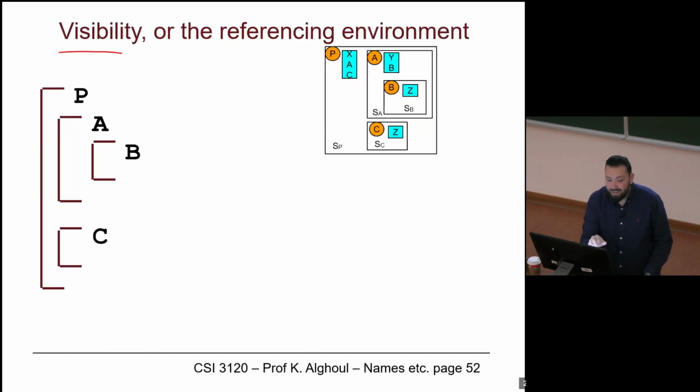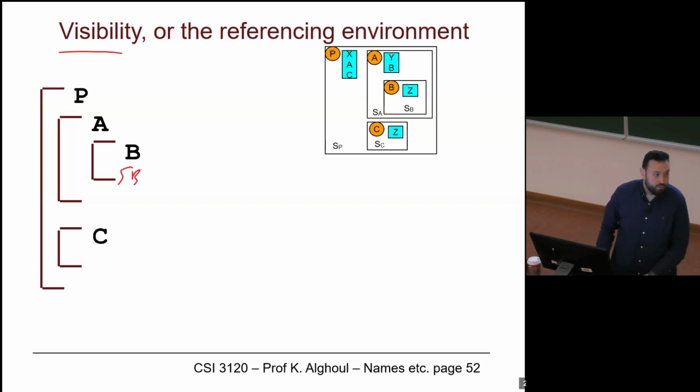So let's understand the visibility. If I'm here at B, what is visible for me? This is going to answer your question. Which arguments, which floats, which integers are visible to B?